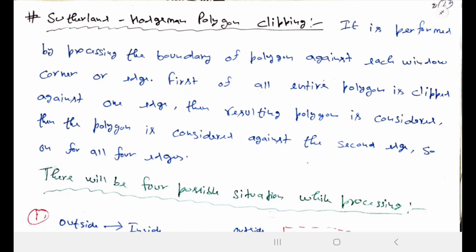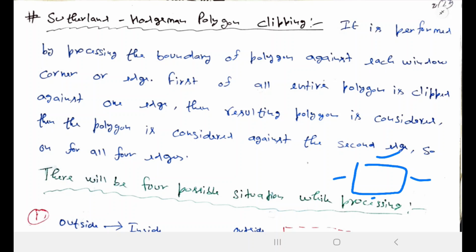Sutherland-Hodgeman clipping is performed by processing the boundary of the polygon against each window corner or edge. It means, as we have a window and it has four edges, 1, 2, 3 and 4.